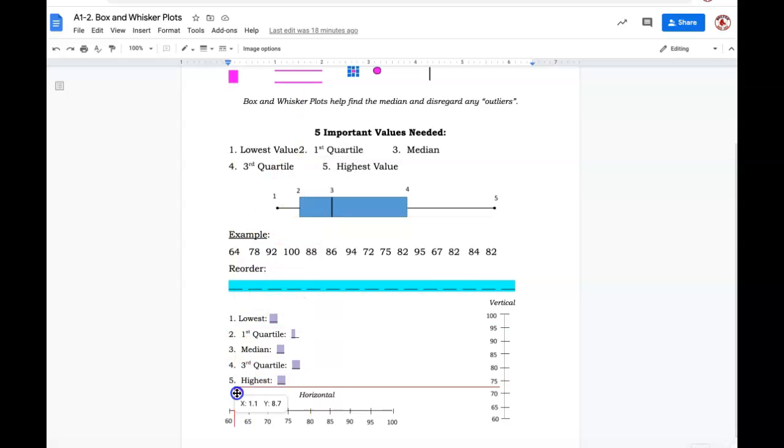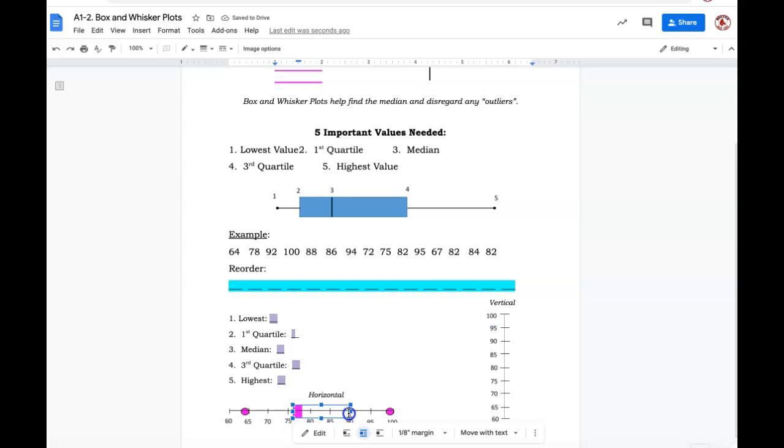endpoint, I think it was 64, right? And the other, I'll just grab this one while I have it. I think that was at 100. And then the box went from 76.5 to 90. So I'll just do this, stretch it out to 90.